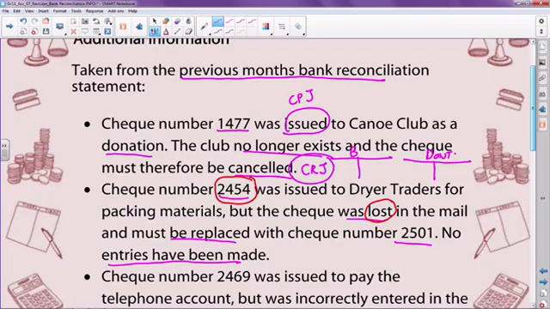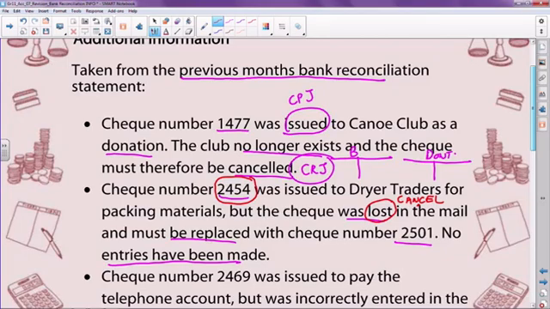So the first thing that I need to do is the check that was lost needs to be cancelled. In other words, no one can obviously then cash this check. So I need to first cancel this check, check number 2454, and then I am going to issue a new check. So let's look at again how we're going to cancel a check.